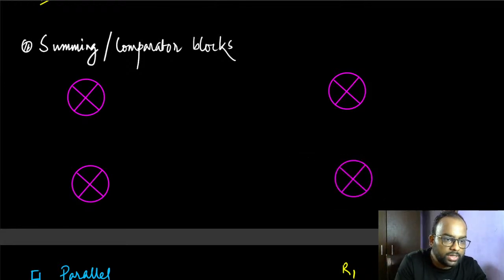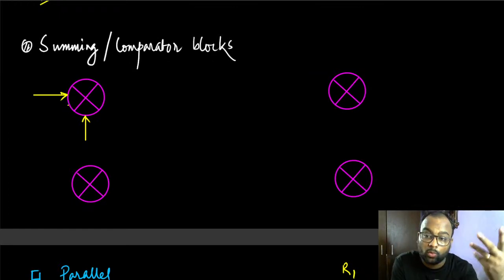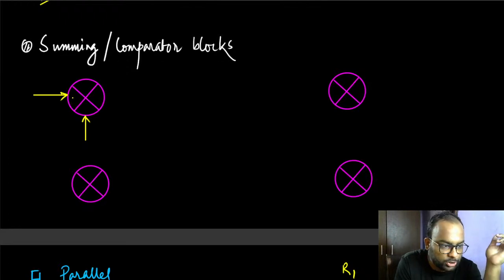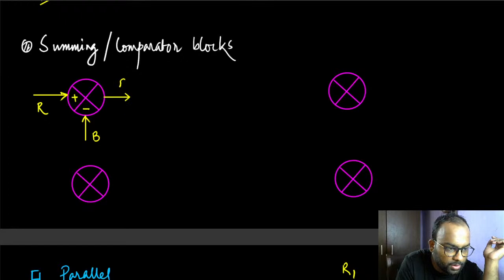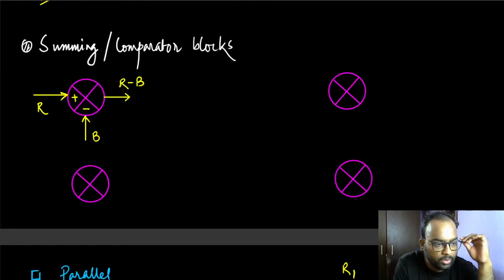The idea is that they will take inputs and produce outputs. For example, these two inputs are coming here, and they will have certain symbols representing what happens with that input inside. Later on, we are going to implement op-amp based circuits to actually do these things physically. So if I get a signal, for example, calling it R, and another signal, calling it B, then whatever signal comes out of this will be R minus B. That's understandable, I hope.